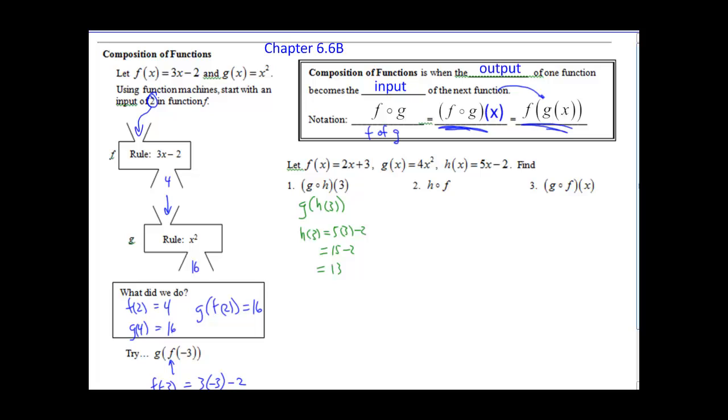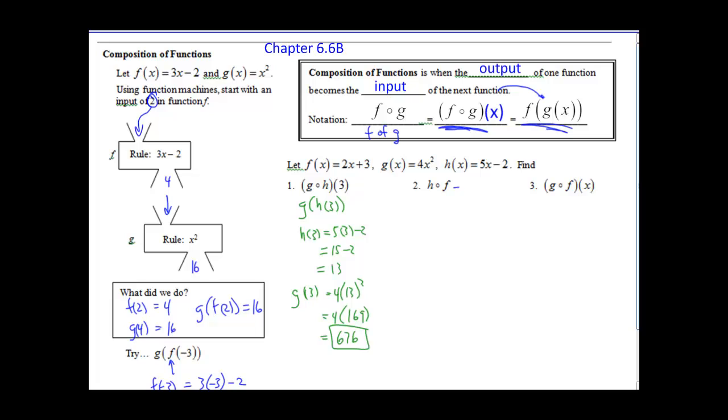Now we're going to take that 13 and plug it into the g. So g of 13 equals 4 times 13 squared. So 4 times 169, which equals 676.